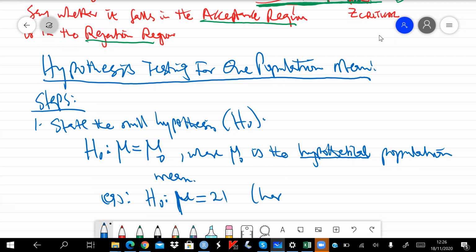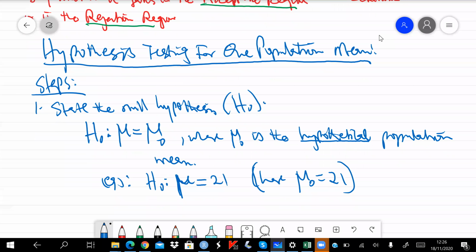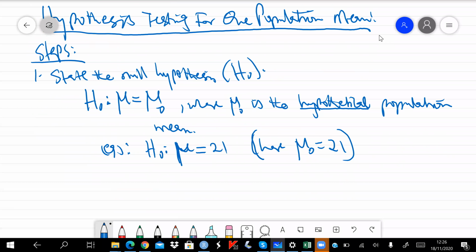So here, mu naught is 21. That's the value that I need to test. It means that later on, I need to pick a sample from the said class. Then I find the value of X bar. Then I test to see if that value of X bar and the hypothetical value are actually different in any significant way. Okay, so that's step number one.